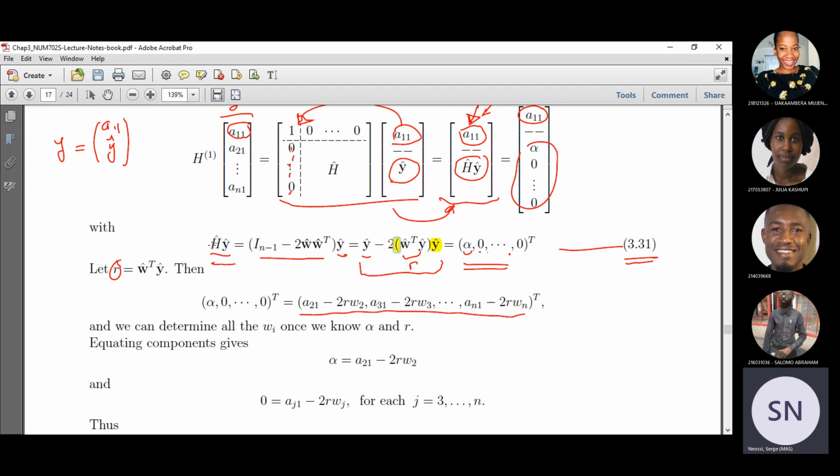Look, if I rewrite, H hat Y hat is equal to Y hat minus 2R W hat, from this. And I know the expression of Y hat, which is A21 up to AN1.